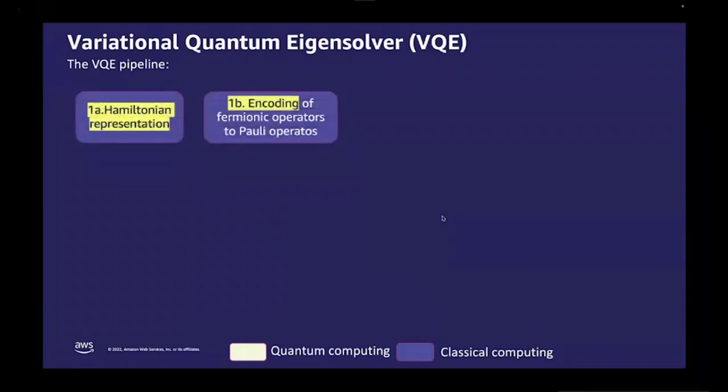The first step, we can still remember that we have to define the system we want to study, and we have to construct a Hamiltonian, just like the format of the electrons or the nuclei. And the second step, we have to encode the fermion operators to our Pauli operators because that's the only way those things can be run on quantum computers.